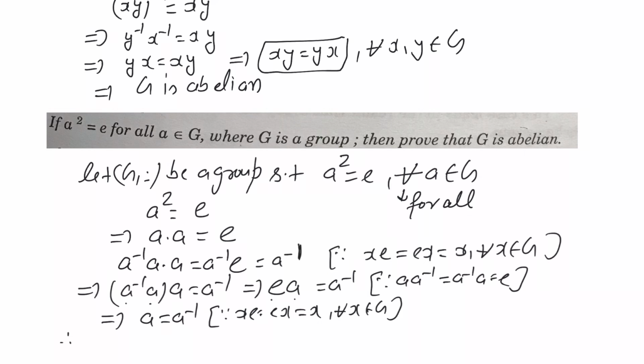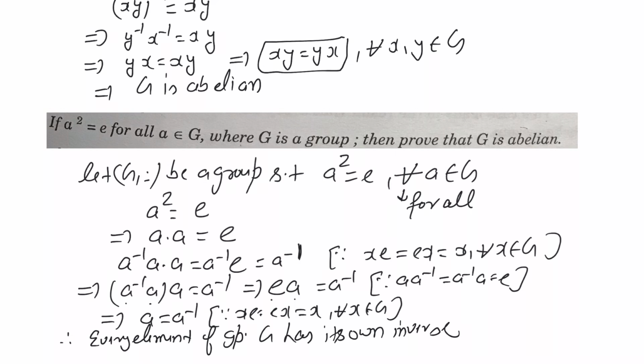Therefore G is a group such that every element of group G has its own inverse.